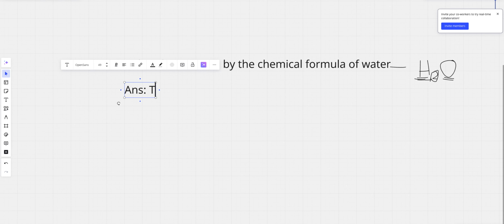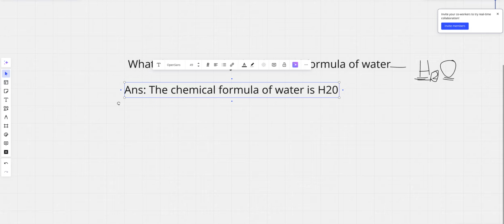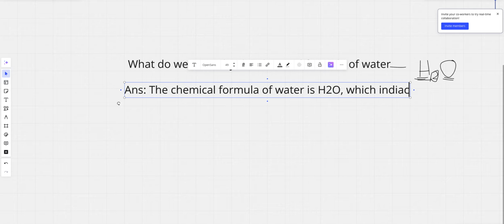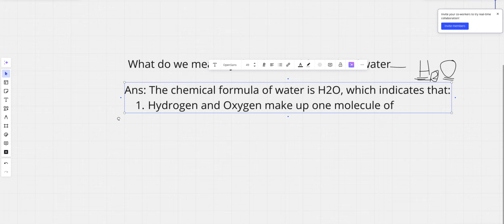Answer: the chemical formula of water is H2O, which indicates that number one, hydrogen and oxygen make up one molecule of water.